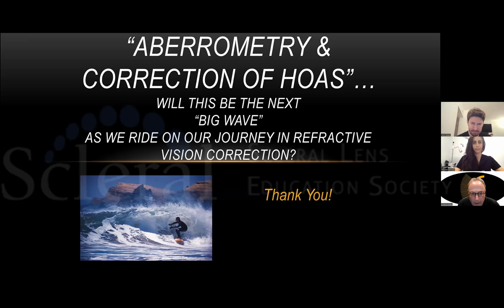So there was a really interesting question from Alexander. Without aberrometry in the office, is there any way that a scleral lens practitioner can utilize this information to help offset, or as he said, fight HOAs with traditional scleral lenses?